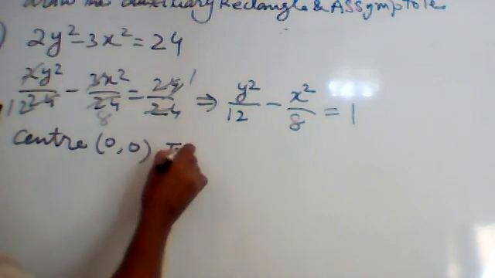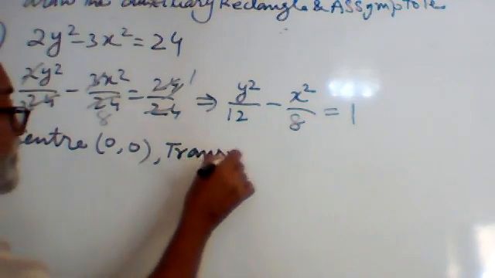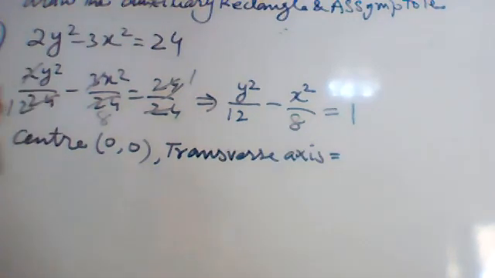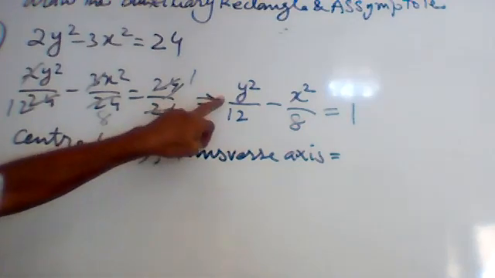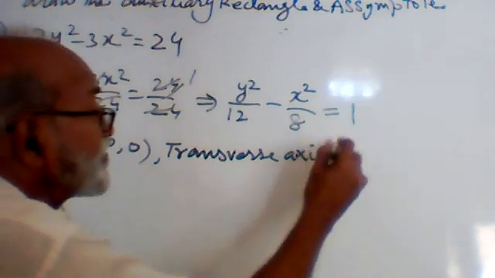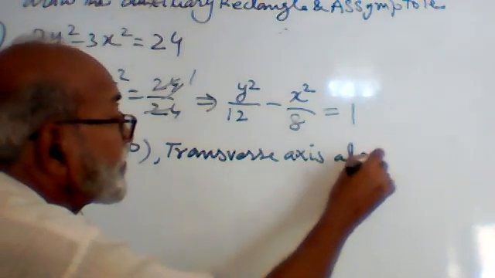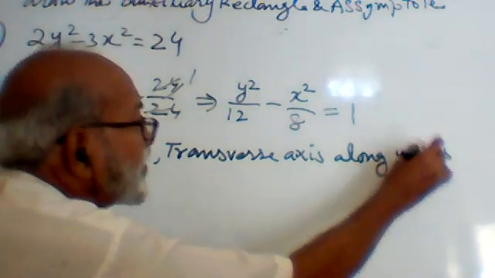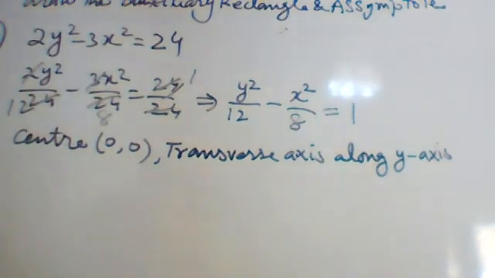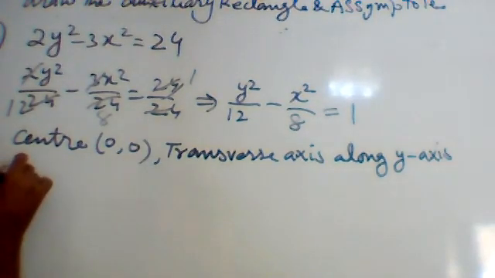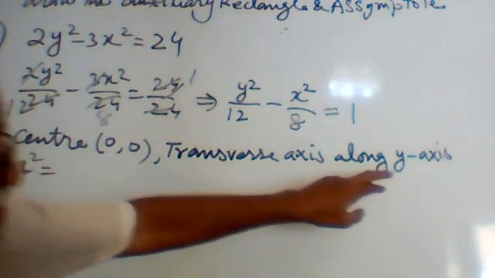Transverse axis. Positive is y square, therefore transverse axis along y axis.